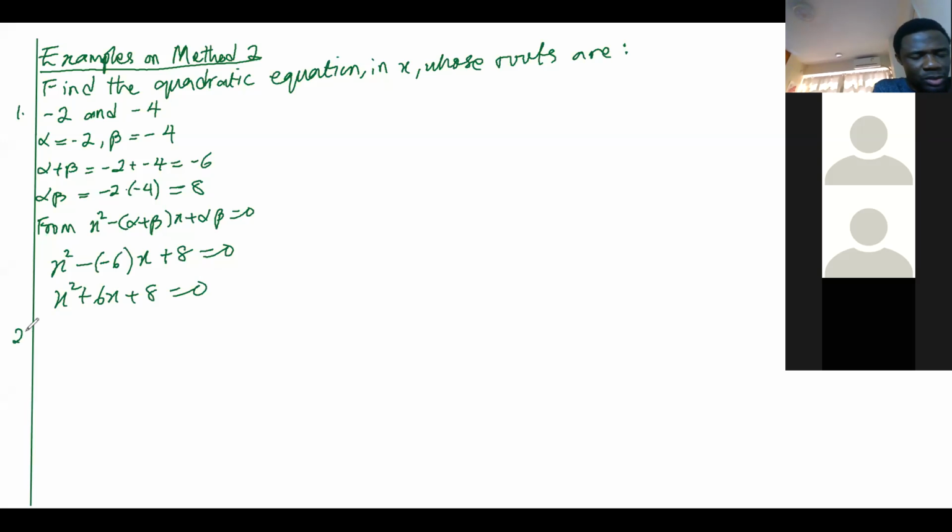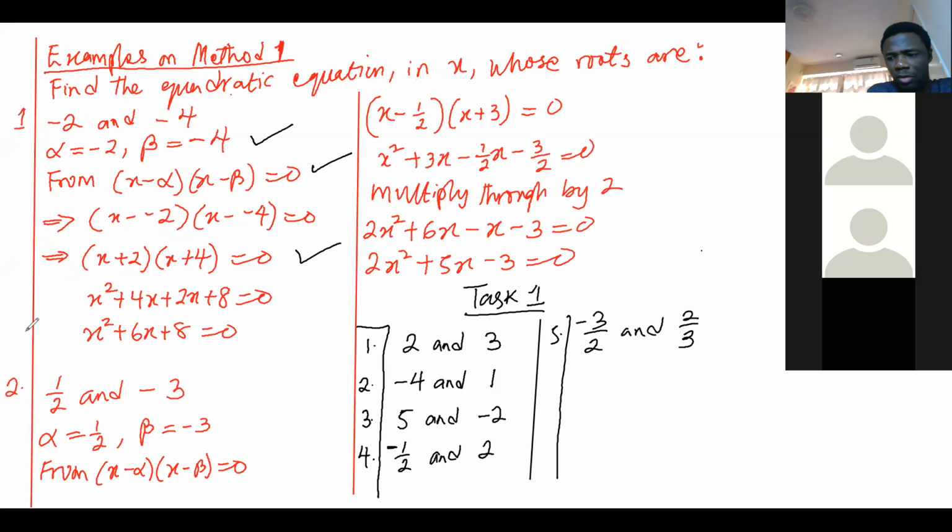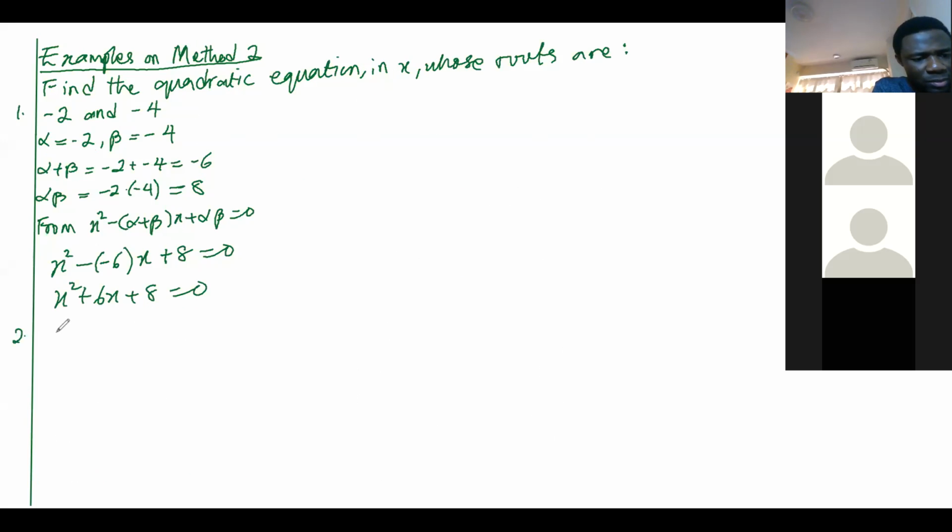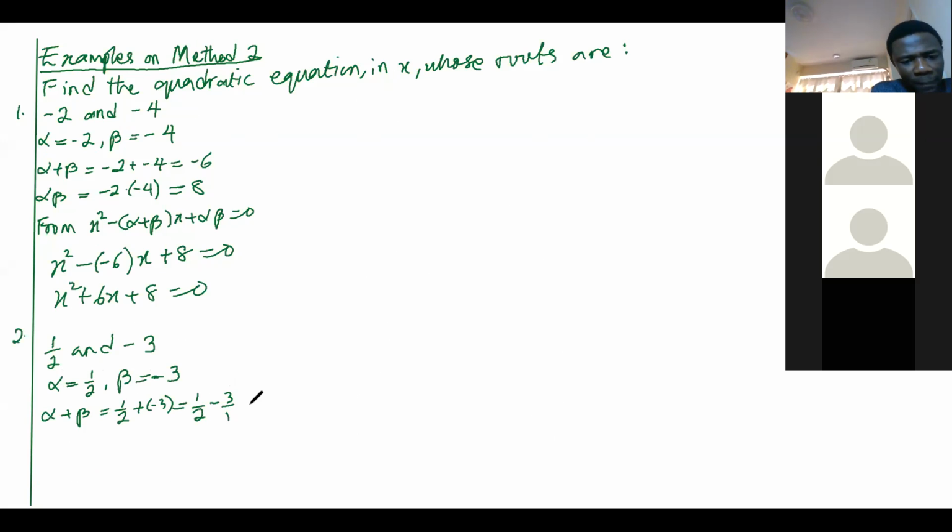For the second question, we have 1/2 and -3. So my alpha is 1/2, my beta is -3. Again, you find alpha plus beta, which is 1/2 plus -3. That is just 1/2 minus 3/1.